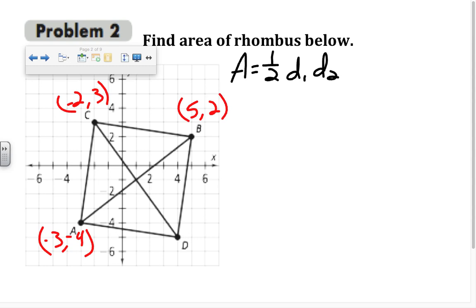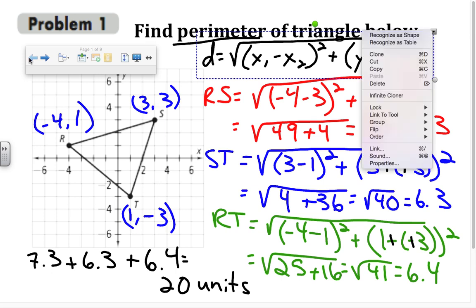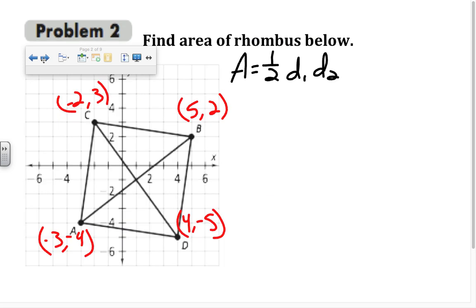And D at 4, -5. And here we go again. Let's take this formula and copy and paste it.